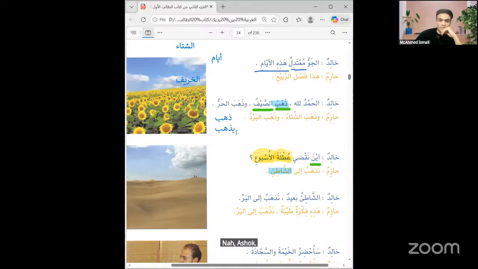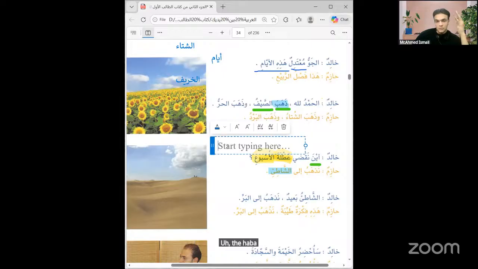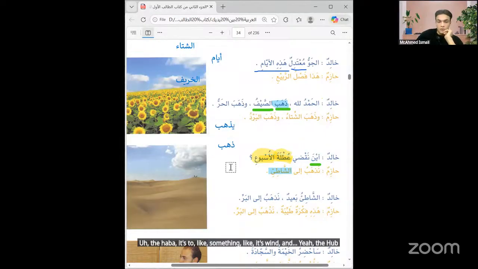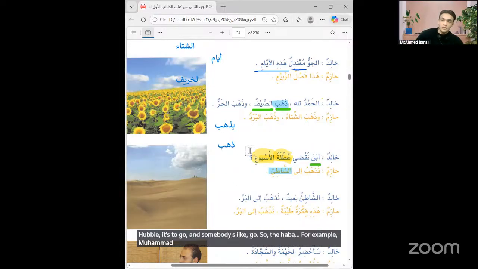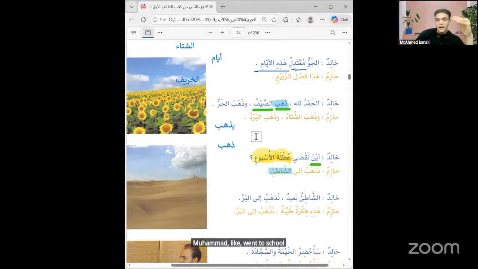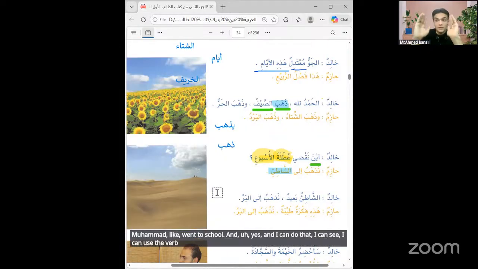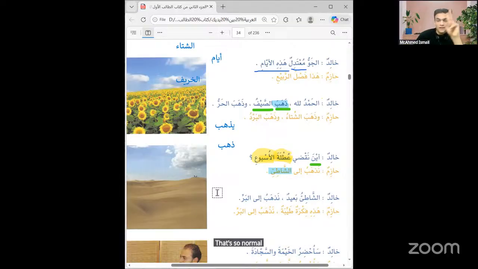Nice, okay. So we have ذهب and يذهب. ذهب is something that went, and يذهب is to go, somebody goes. So for example, محمد ذهب إلى المدرسة. Muhammad went to school. And يذهب محمد إلى المدرسة, I can do that. I can use the verb in the beginning, guys, because that's a normal thing in Arabic, because we have two types of sentence, the جملة فعلية and جملة اسمية.